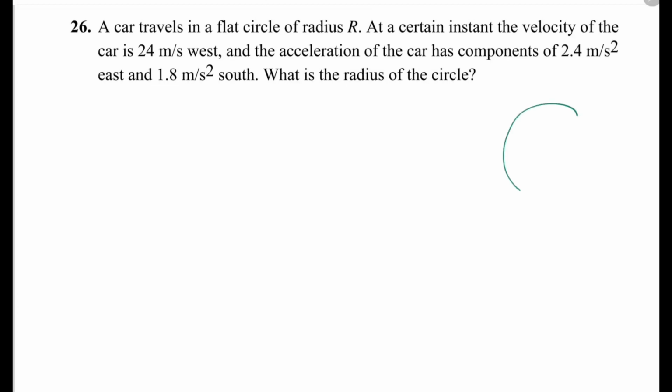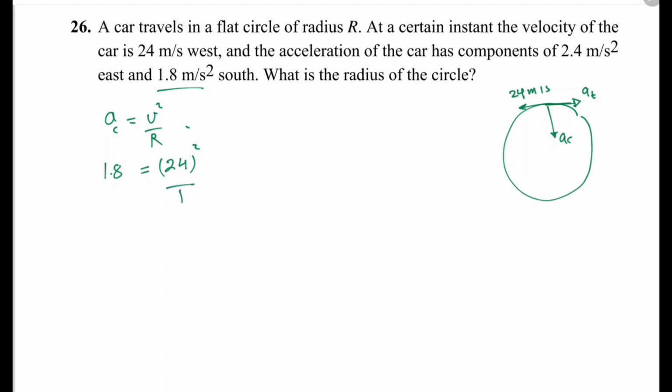So we have here a circle, like this one, and at this point we have tangential acceleration and central acceleration, and the speed of the particle this way is 24 meters per second. So a central is equal to v squared over r, and in this case this is the central acceleration, 1.8 meters per second squared, equal to 24 squared divided by r.